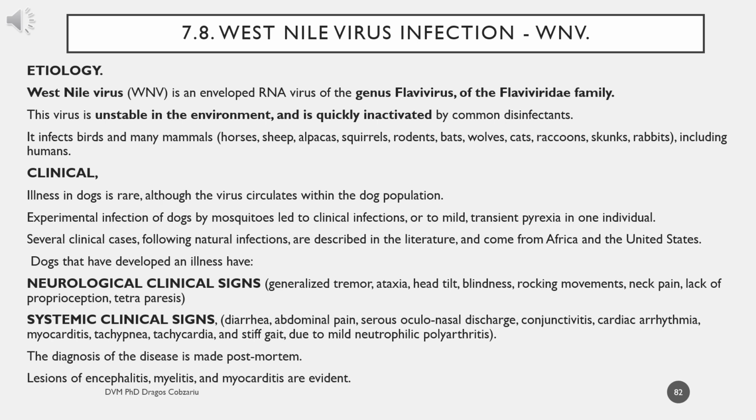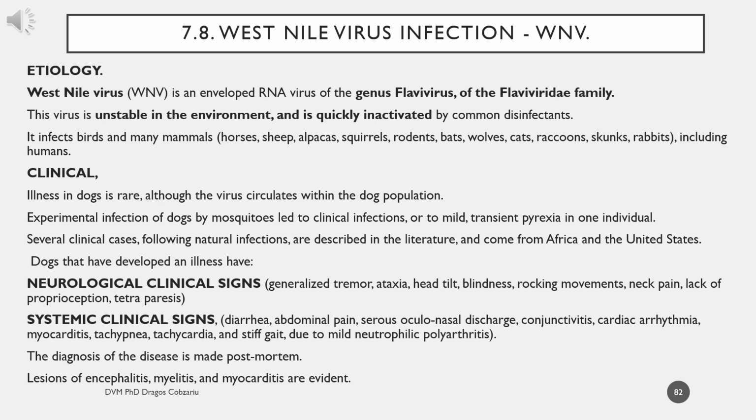Experimental infection of dogs by mosquitoes led to clinical infections, or to mild, transient pyrexia in one individual. Several clinical cases, following natural infections, are described in the literature, and come from Africa and the United States.